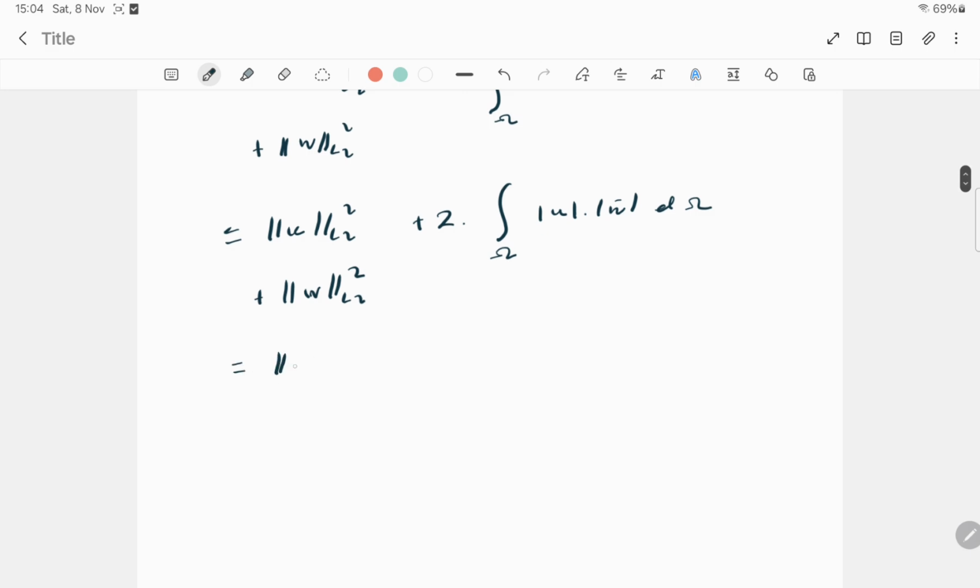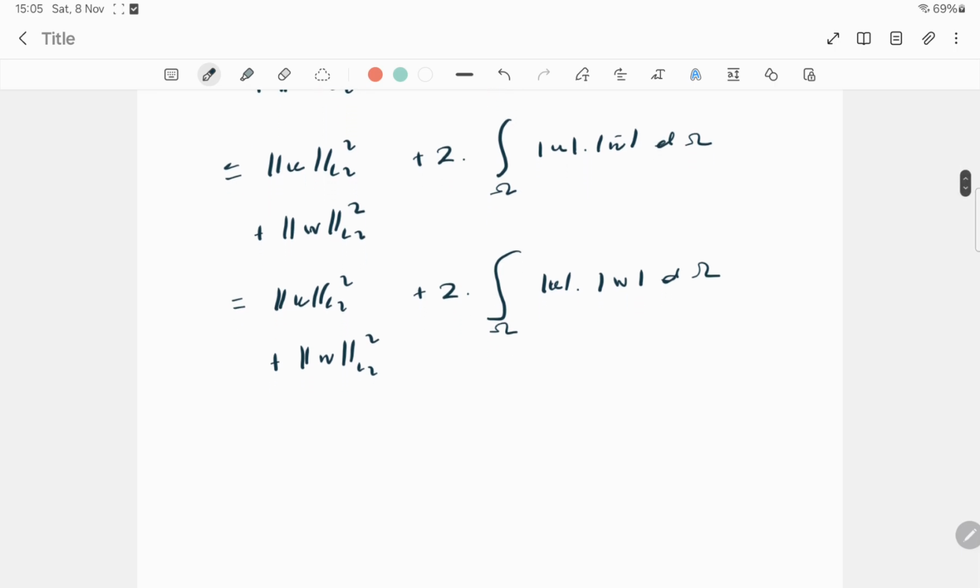And that's going to be the norm of u in L2 squared plus 2 times the integral over omega of the modulus of u times the modulus of w, since the modulus of the conjugate is equal to the modulus of the complex valued function w, d omega plus the norm of w in L2 squared.